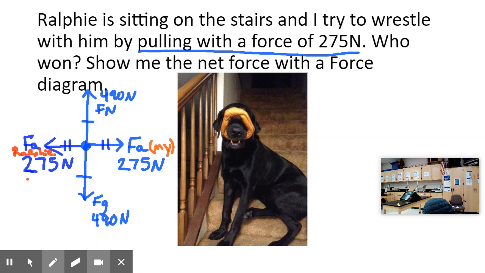Now is that balanced or unbalanced? Balanced. So now we're at a stalemate. He's pulling, I'm pulling, nobody's moving anywhere. You're playing tug of war and you've got a dead heat going on, right? Does that make sense? So my net force would be 0 in this case.